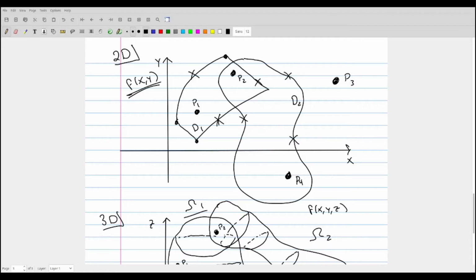So here D1 is what's called a piecewise smooth domain, or a domain that can only be described with piecewise functions. So by breaking it into separate parts and dealing with each piece individually. In which case, this theorem still holds and it's perfectly fine, but you have to be careful to analyze every separate piece of the domain when you're looking for a potential max or min on the boundary.